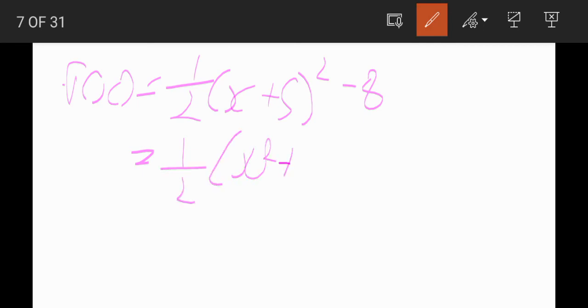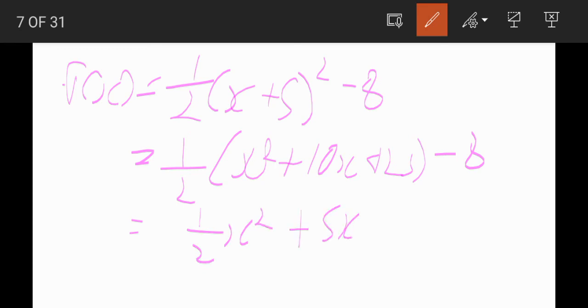So the equation of f is given as half (x plus 5) squared minus 8. So obviously we'll have to expand this. Then we're going to have x squared plus 10x plus 25 minus 8. Then we have half x squared plus 5x plus 25 over 2 minus 8, right?